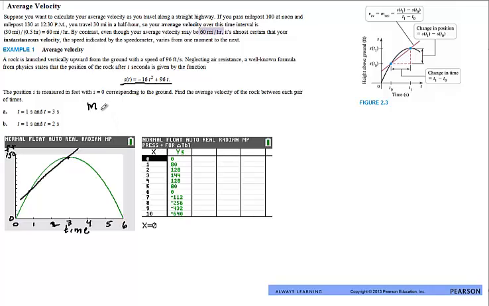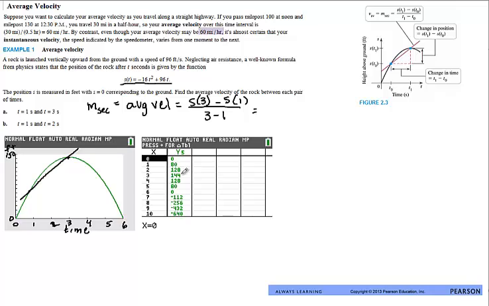So the slope of that secant line, which is also known as average velocity, is the difference in the y's over the difference in the x's. So formally written, that would be s of 3 minus s of 1, or that height, and then the difference in the y's on the top, over the difference in the x's on the bottom, 3 minus 1.